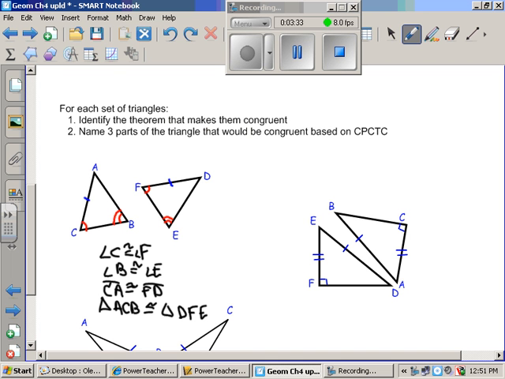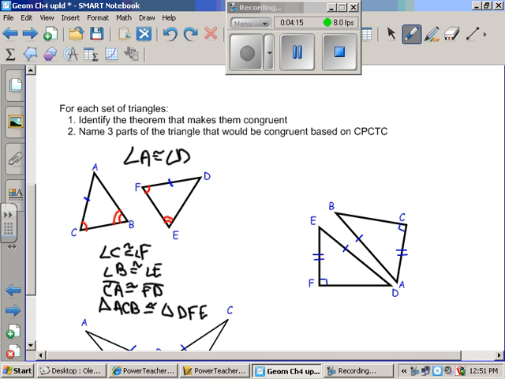So now, if I'm asked, is angle A congruent to angle D? If that's what I'm asked to prove, the first question I ask myself is: is it corresponding? Are angle A and D corresponding? Yeah, because... how do you know? Well, how do I know they're corresponding? Where do I go to look to check for corresponding? Remember, corresponding angles and sides have to be in the same order in the two triangles. So A and D are corresponding because A is first and D is first.